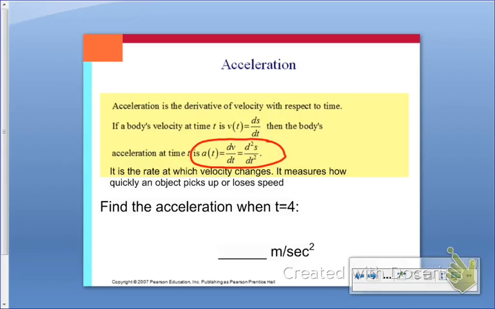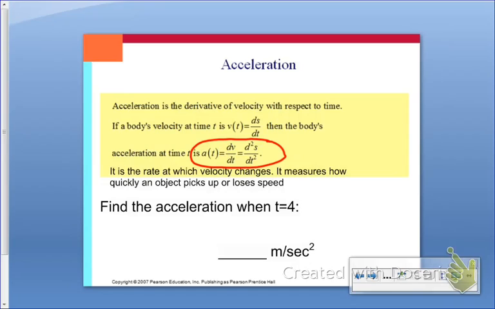Now we have an actual meaning for a second derivative. It's acceleration. It's the rate at which you are increasing or decreasing. It's like the rate of the rate idea. So it's the rate at which the velocity changes is what acceleration is, a simple way to understand it. It measures how quickly an object picks up or loses speed.